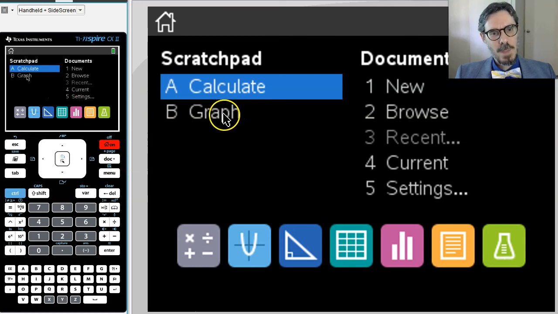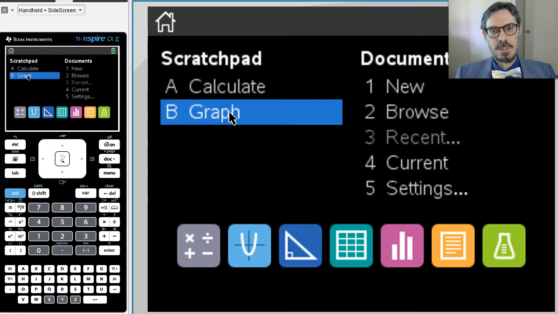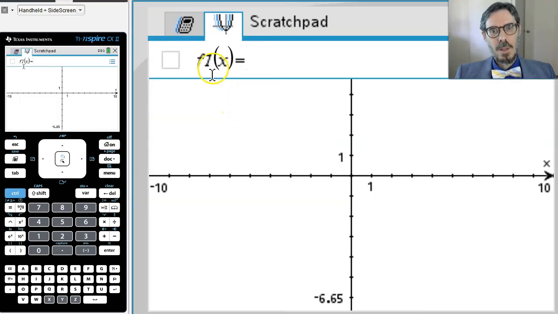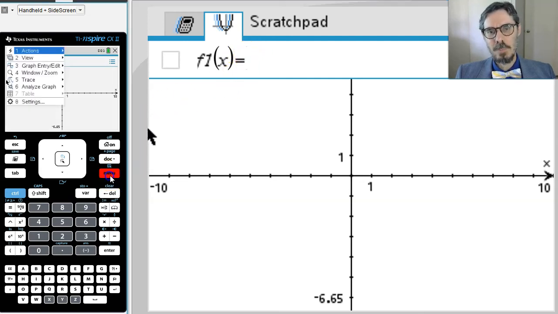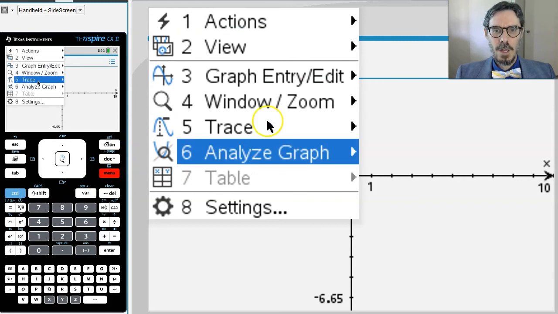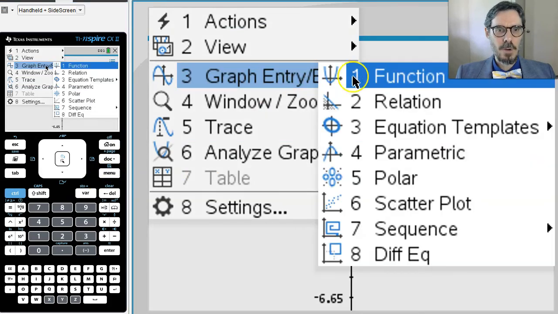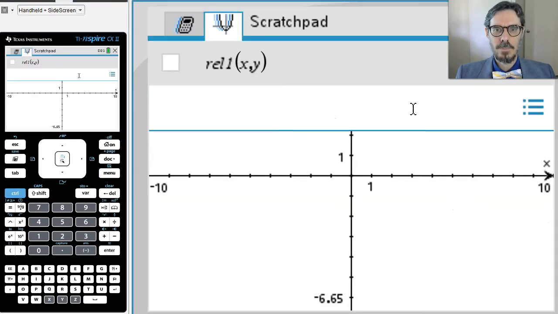You can go to the Scratchpad graph, or you can make a new document and add a graphics page. Let's use the Scratchpad. By default it asks for a function, but a circle is not a function. You can either just press backspace and get a menu, or if that doesn't work you can go to menu and then you can ask for a different kind of graph. I want a relation.